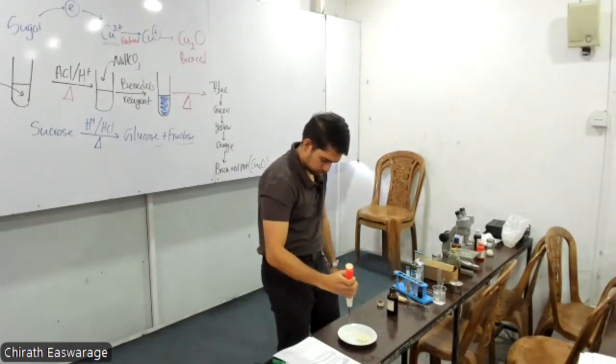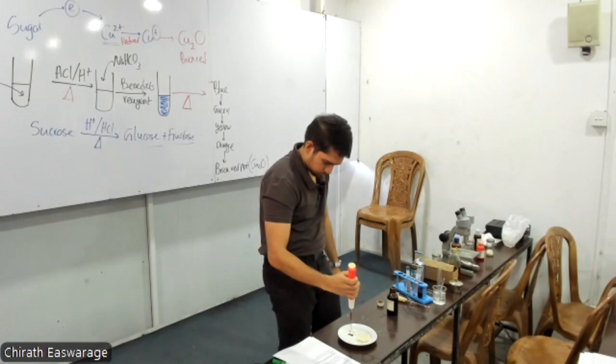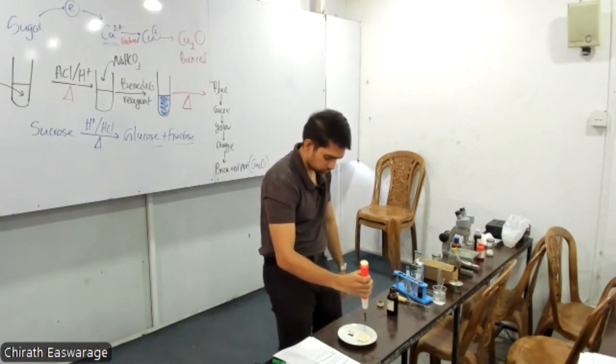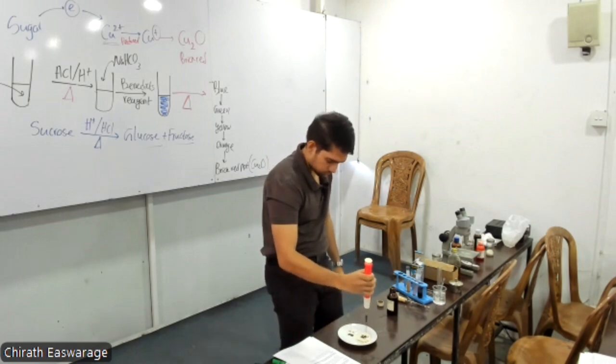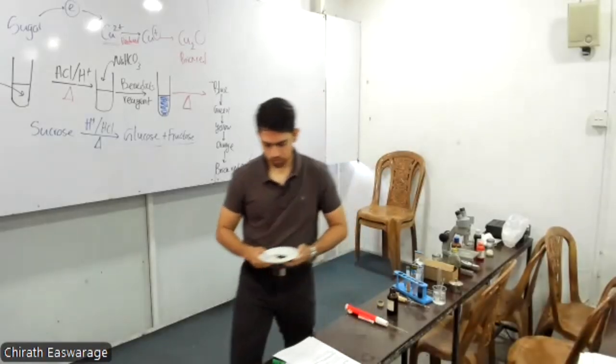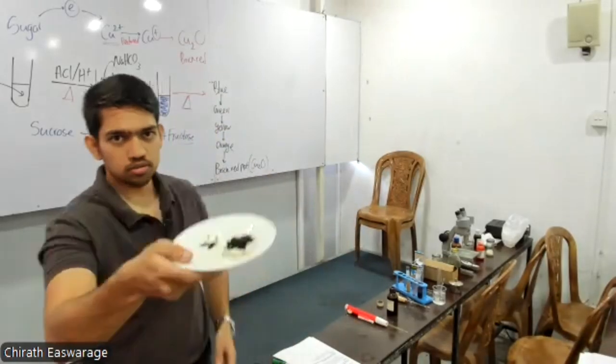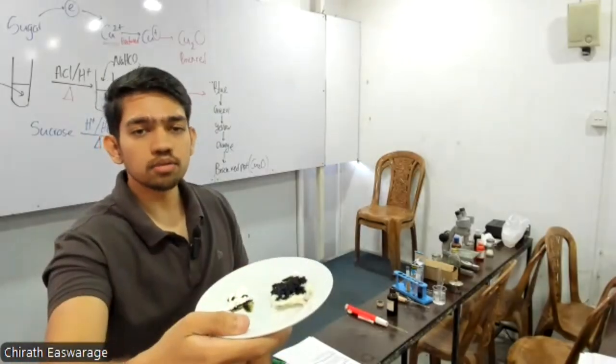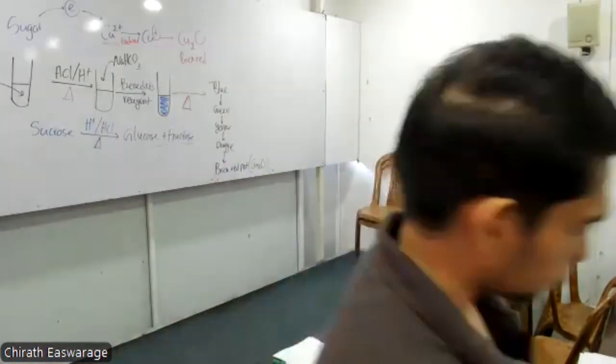Just for fun, shall we add a bit of solid starch? Yes. And I'll show you, okay? Bread. Can you see? This is the slice of bread, and this is some starch powder, right?